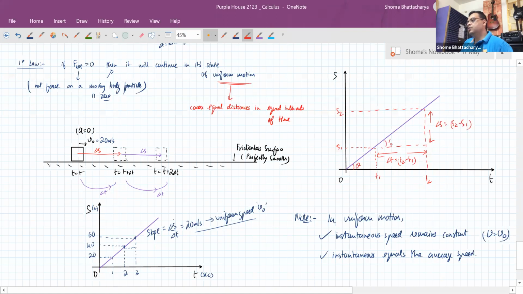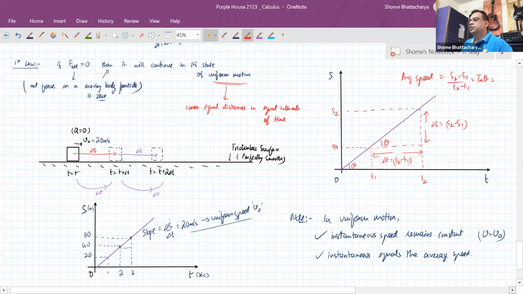So you can see that the average speed for a time interval, which is s2 minus s1 divided by t2 minus t1, which is tan theta, is uniform because it's a straight line graph.